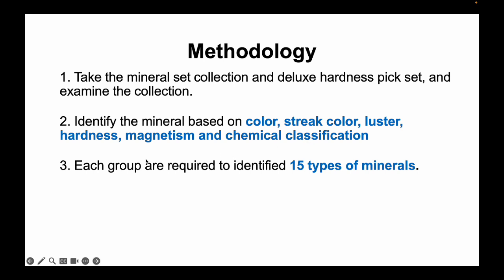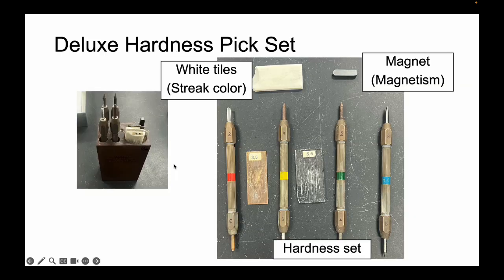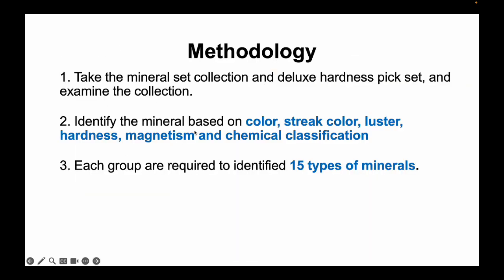Each group is required to identify 15 types of minerals, so you may select 15 types of minerals from this mineral collection set. You also may use Google to find information about the minerals, or use the handbook of rocks and minerals.